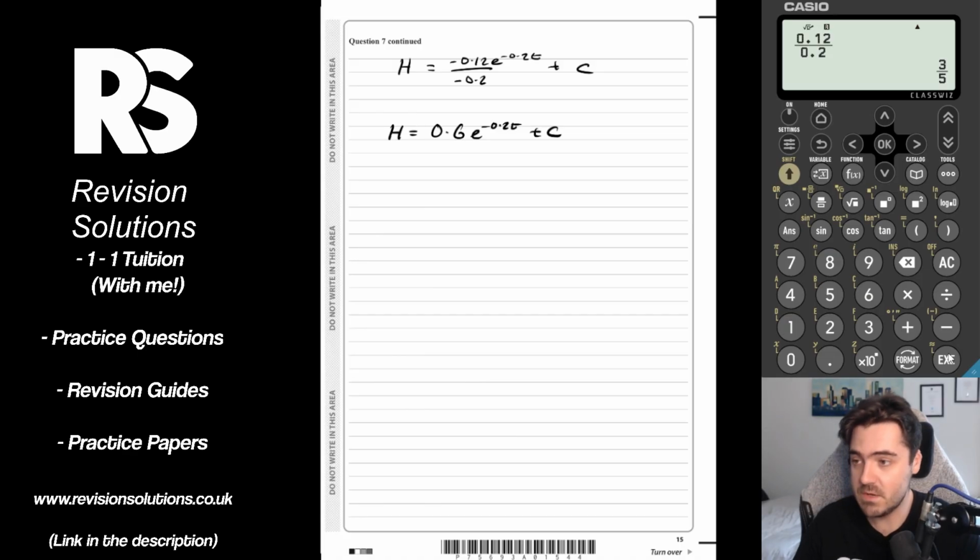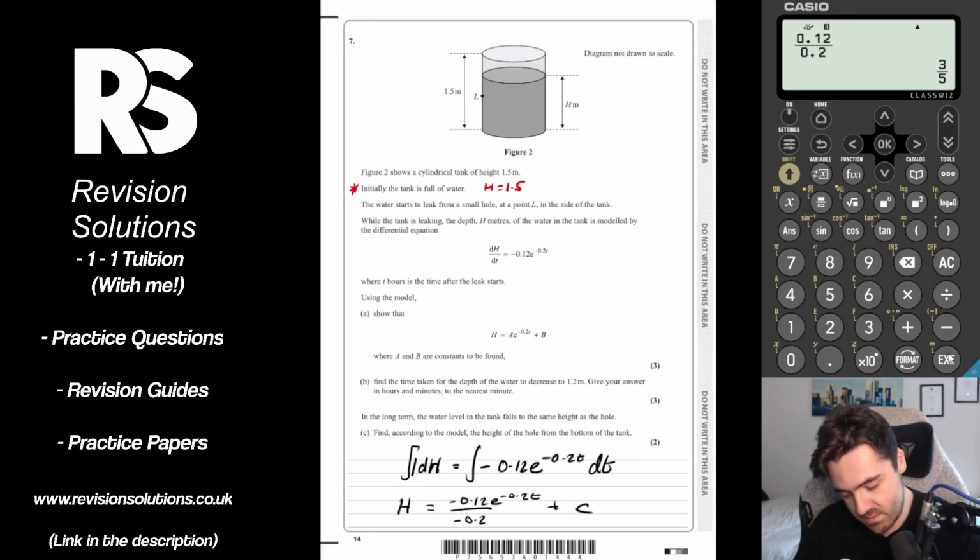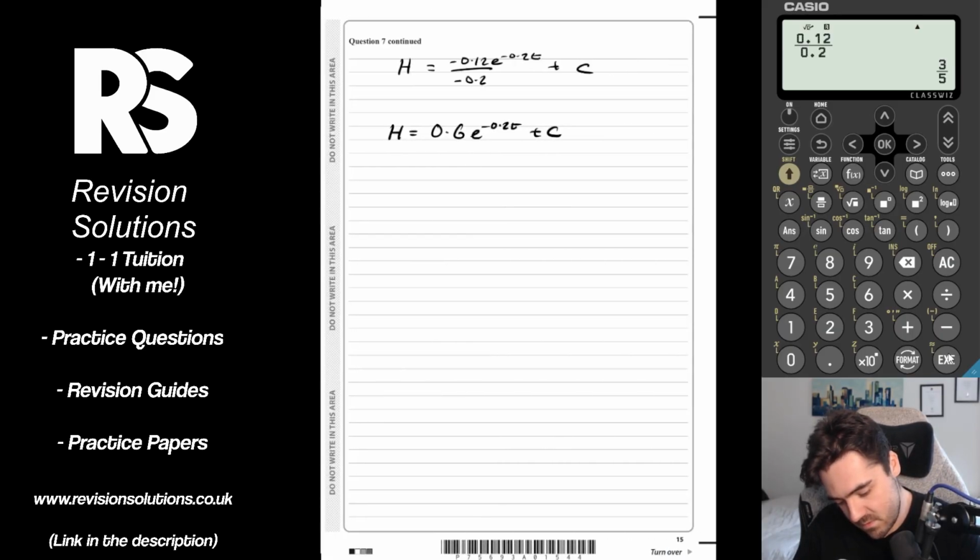And then to find the plus c, we're always going to need some conditions. That's where that note I made before is going to come useful. It says the tank is full of water initially, so that's when t equals 0. So we have that condition to use: h equals 1.5 when t equals 0. Plugging that in, we have 1.5 equals 0.6 e to the 0 plus c.